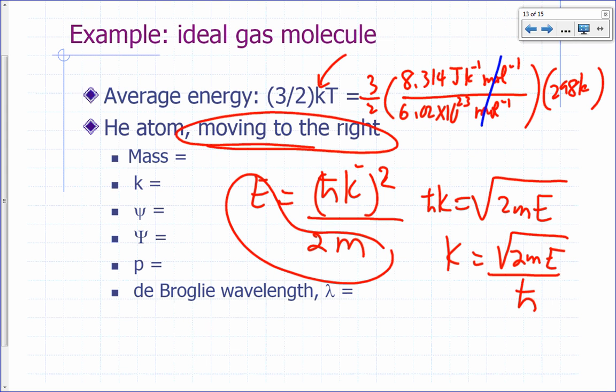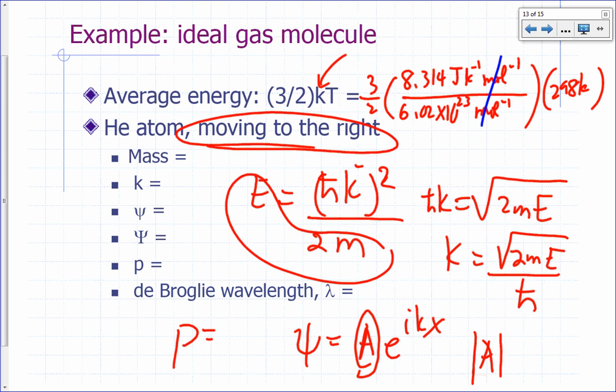We just set the constant to 1, so the probability of the momentum moving to the right is 1. We're going to say psi equals a e to the ikx, and we're going to normalize with respect to momentum, so we're just going to say the absolute value of a squared is 1.